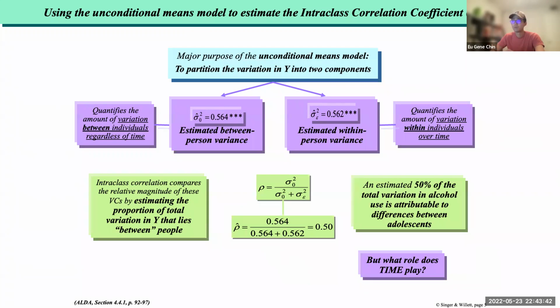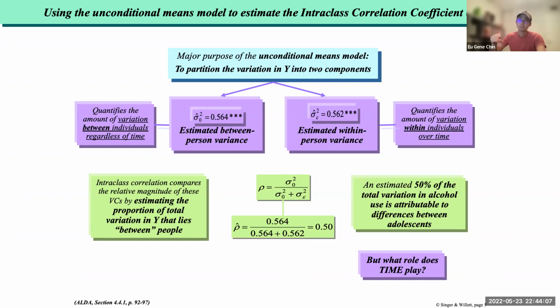And so we're making the assumption that the best way to capture the individual's true estimated alcohol use is to just look at the grand mean, which obviously is not the most precise way to look at things. So more about fitting the next model in another video.